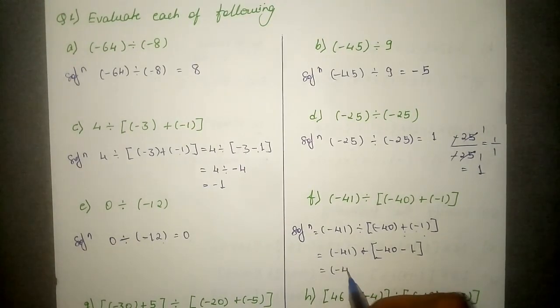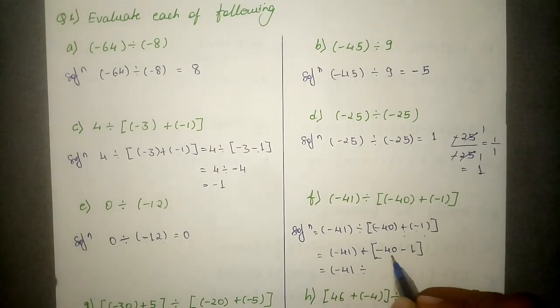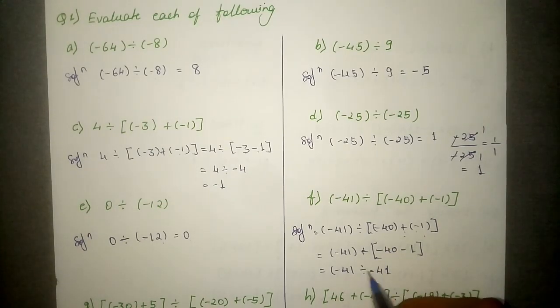That equals to minus 41 divided by, now here minus minus is plus. So here 40 plus 1 is 41, but here we will write the sign minus because sign for 40 is minus. Now here when we divide minus 41, so we know that minus divided by minus equals to plus and 41 divided by 41 equals to plus 1.